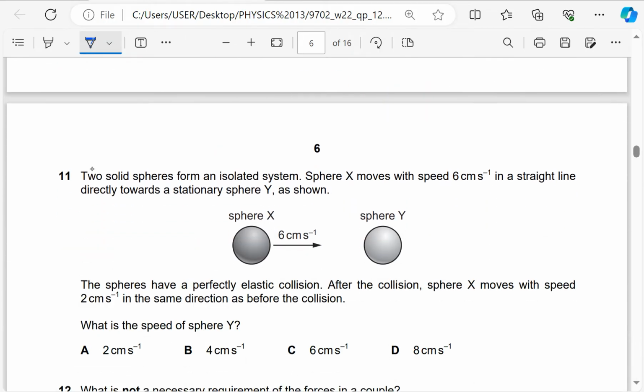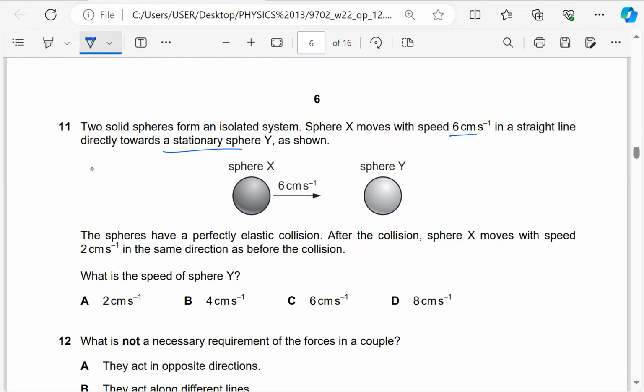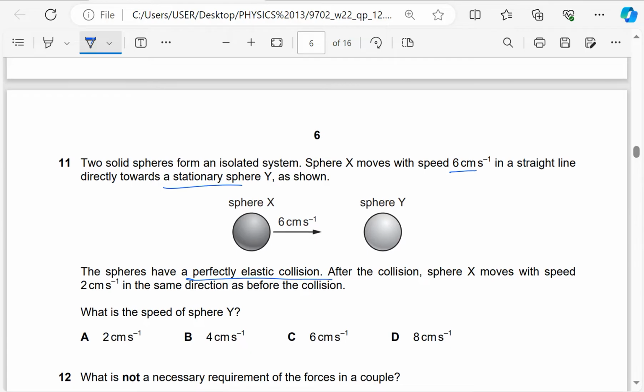Two solid spheres form an isolated system. Sphere X moves with speed 6 centimeters per second in a straight line directed towards a stationary sphere Y. The spheres have a perfectly elastic collision, which means the relative speed of approach should be the same as the relative speed of separation.